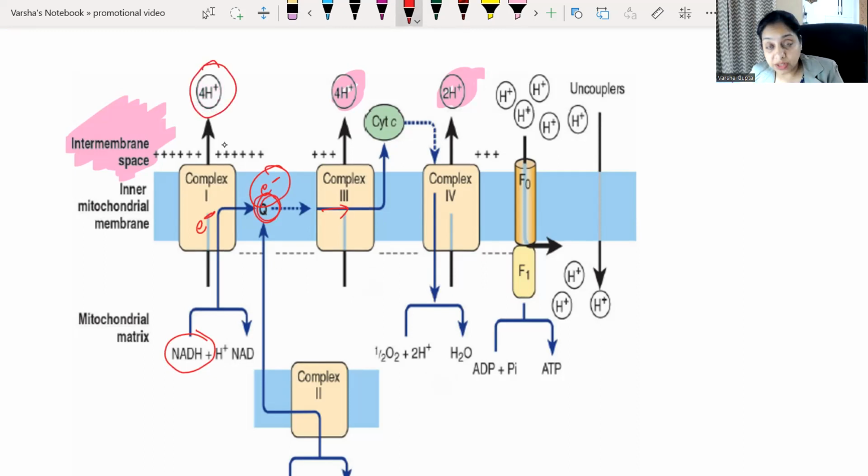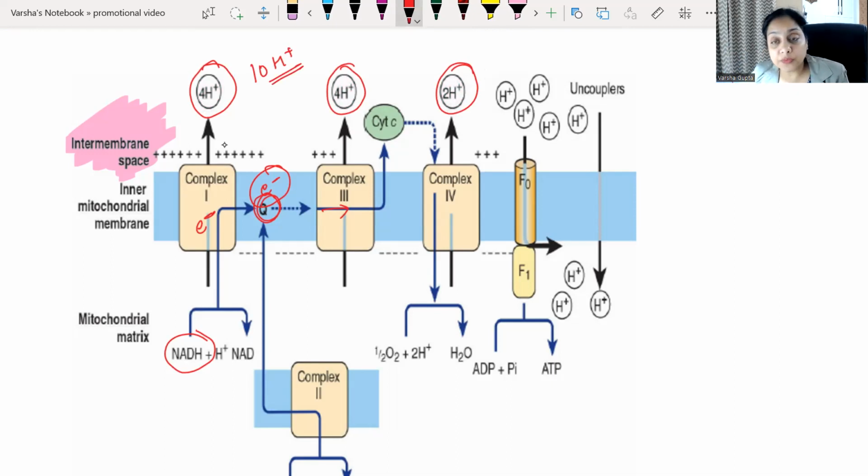Then from complex 3 to complex 4, complex 3 again releases 4 protons in the intermembrane space, which means the space between the outer membrane and the inner membrane. Then complex 4 releases 2 protons. So for one NADH molecule, 10 protons are released in the intermembrane space.